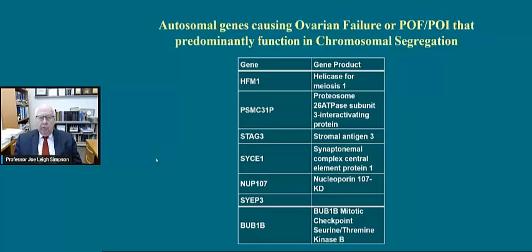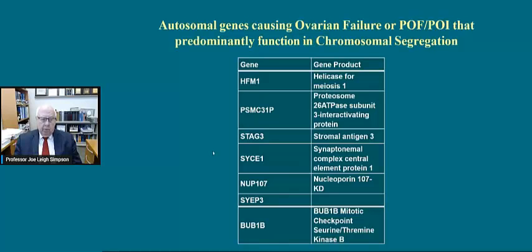So there are a series of disorders that are important to oversee the cell divisions. Obviously mitosis, obviously meiosis, which reduces the number of chromosomes from 46 to 23.